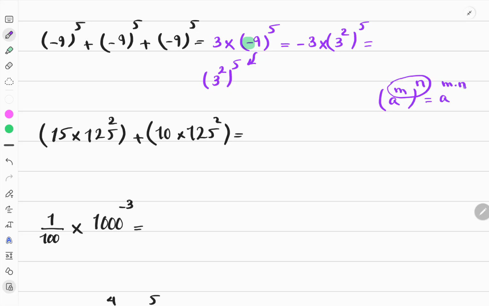So the answer would be a to the power of m times n. So -3 times 3 to the power of 10. The power of 3 is 1, and the final answer is -3 to the power of 11.